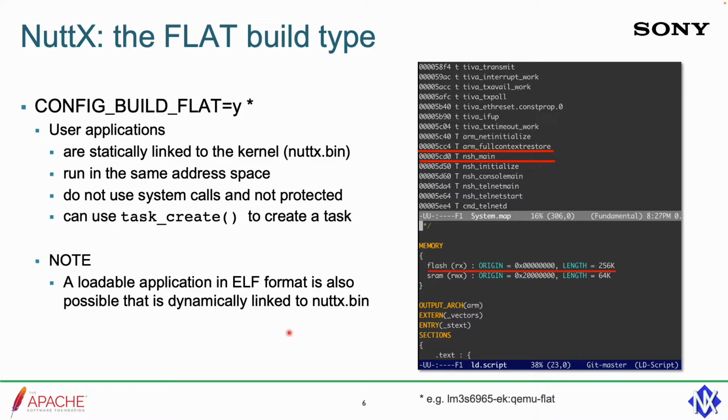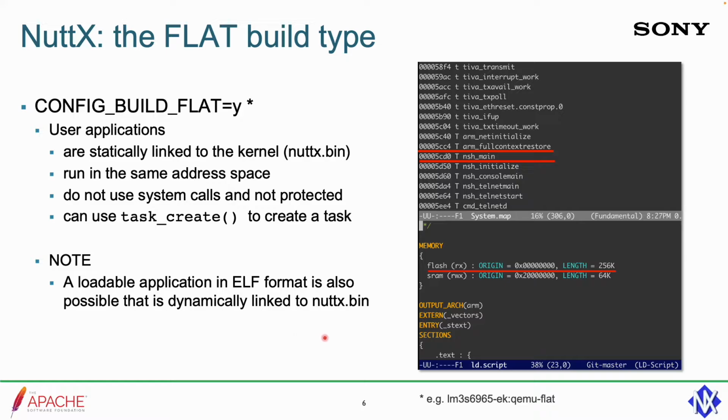The next slide shows an example of the flat build type. In this case, user applications are statically linked to the kernel and run in the same address space, which means that applications do not use system calls and are not protected because MPU is not used.